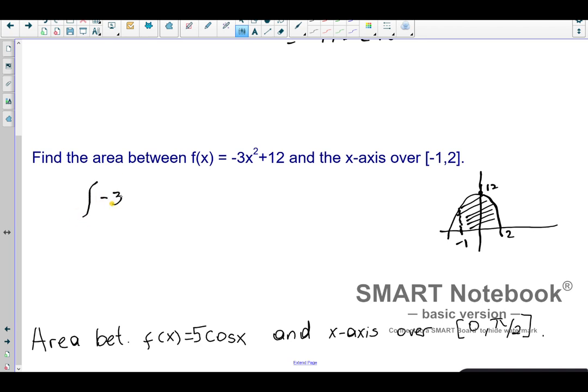I'm going to integrate negative 3x squared plus 12 with respect to x, from -1 to 2. So same technique: take the antiderivative, plug in the upper limit, minus plug in the lower limit. Some of you may be wondering, what's happening to dx when we take the antiderivative? Just think of dx as being a symbolic thing.